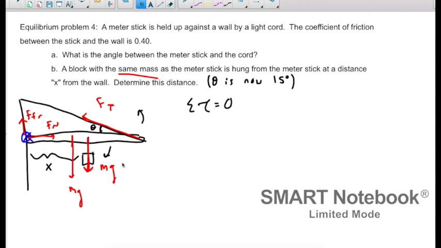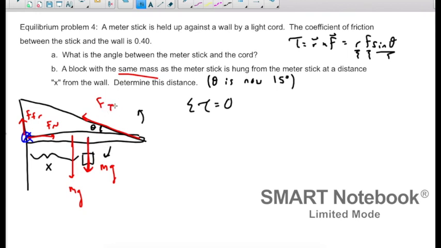So I'm going to consider those to be negative, this to be positive. And again, remember that torque, we're worried about three things: the size of the force, how far away it is from the axis of rotation, and the angle it makes with the line drawn to the axis of rotation.